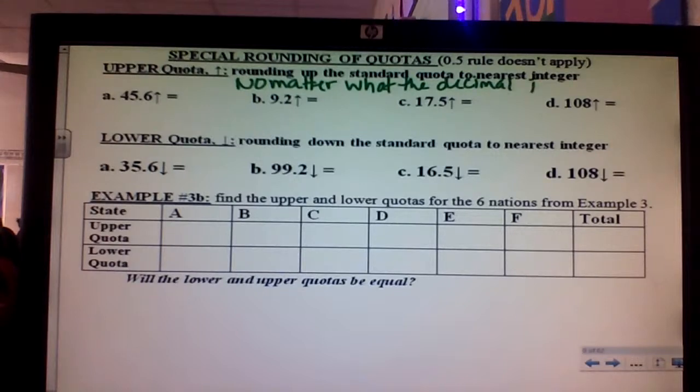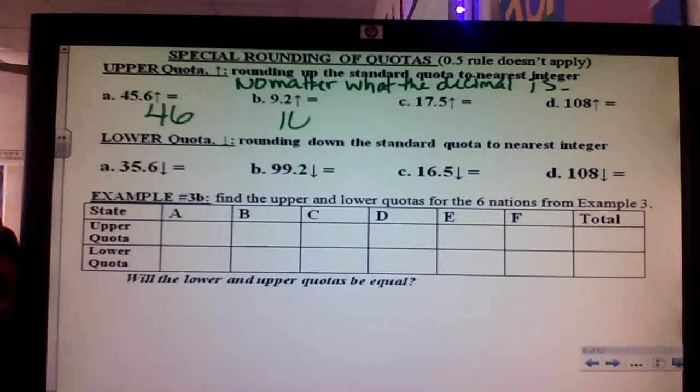So no longer are you looking at a decimal and saying, oh, it's 0.2, so I go down. I don't care if it's 0.03. You round that number up. Always. So 45.6 is 46.